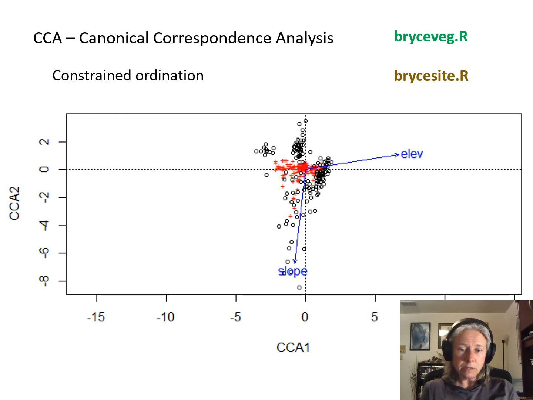In this example, it looks like axis 1 is associated most with increasing elevation, and axis 2 is associated with decreasing slope. There appears to be more separation of sites by slope than by elevation because there's more vertical separation than horizontal separation in this triplot.